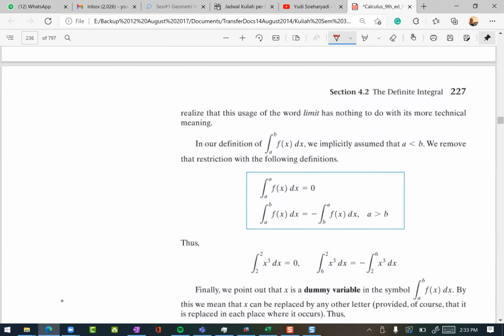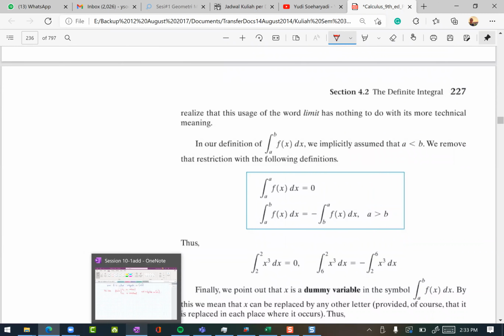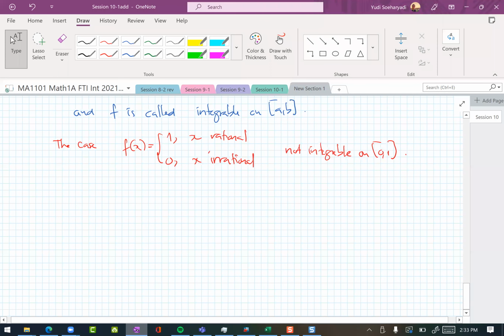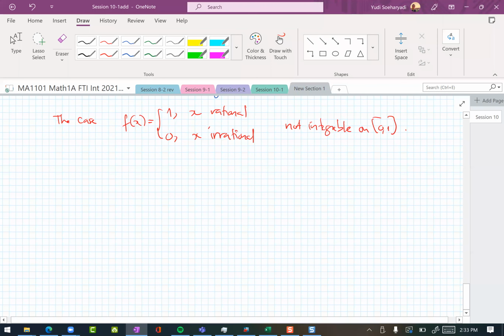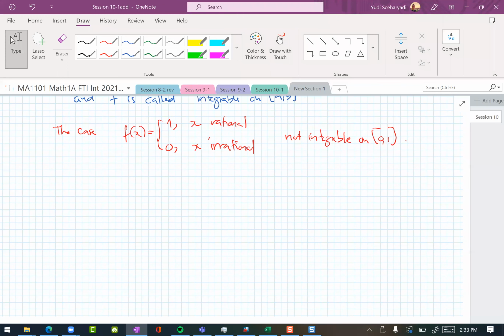All right, some properties of limits that we will use later. I would like to show you something else here. Sometimes we write something like this: the norm of the partition goes to 0.